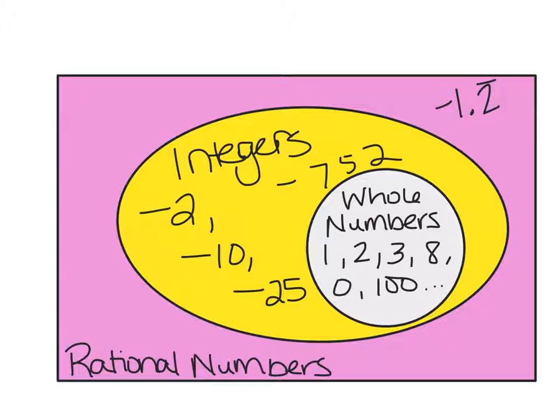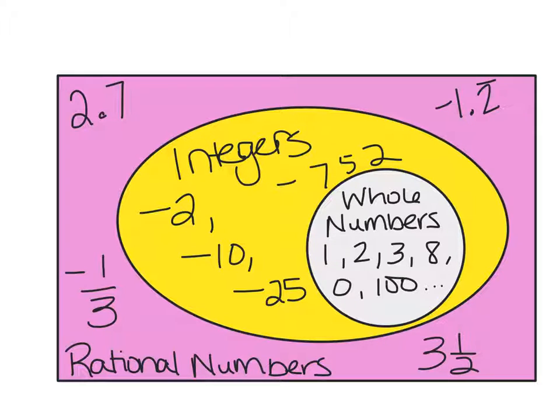Again, I promise we'll talk about it. 3.5, okay? 2.7, negative 1/3. Okay? Now again, everything is included here.